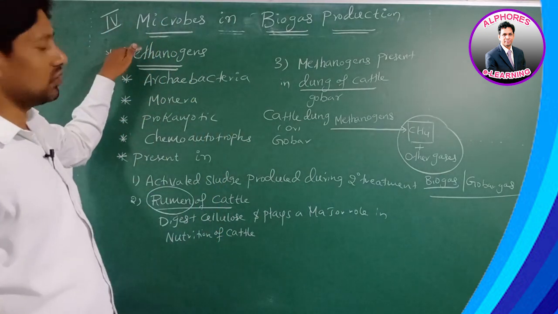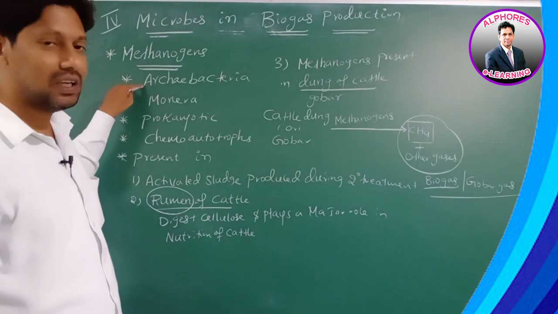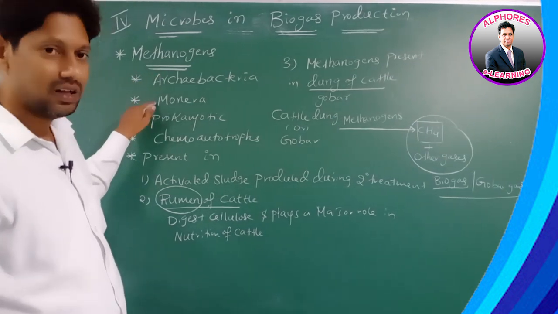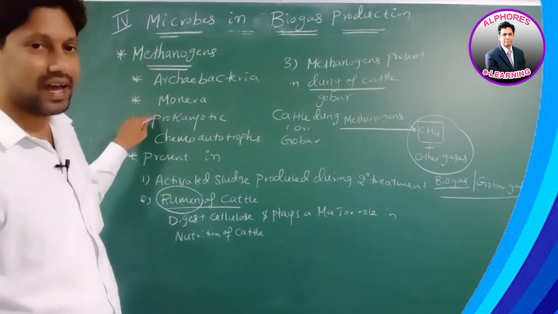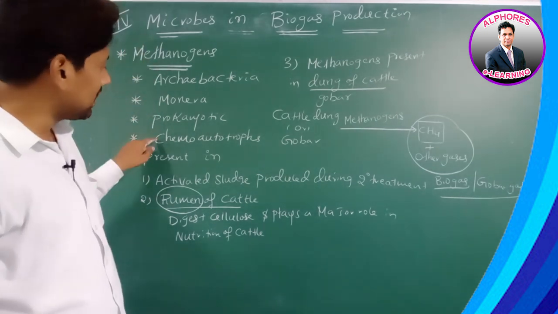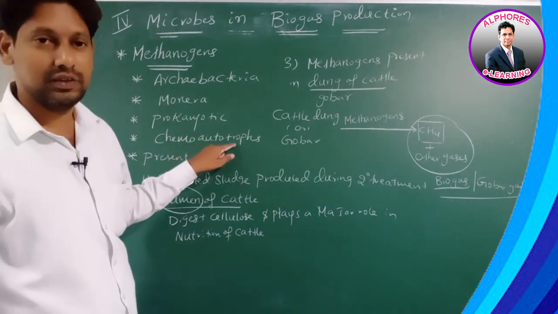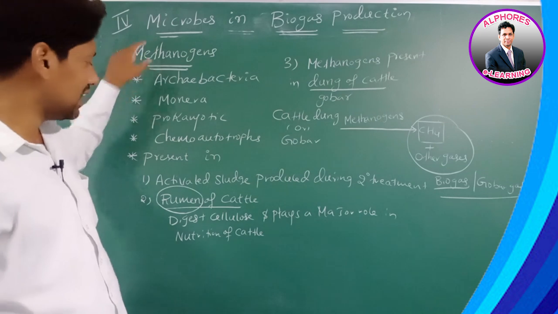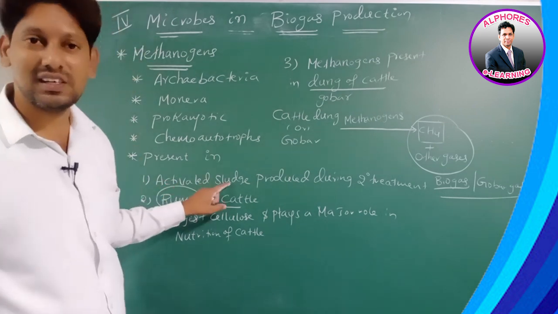Therefore, sir, methanogens come under archaebacteria, kingdom Monera. Therefore, methanogens are prokaryotic. Methanogens are chemoautotrophs. Where are they present? Number one, activated sludge.